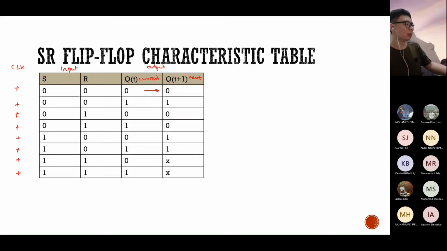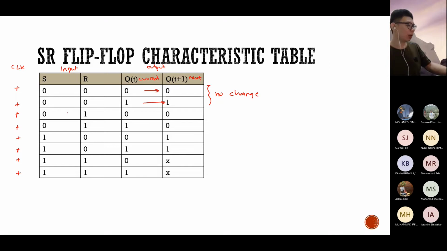If you have 0, 0, which is a no change state again, but your current output is 1, the next output is going to stay at 1. It's not going to change anything because 0, 0 is a no change state. So from 1, it's going to keep that value of 1. So these two rows are a no change state.